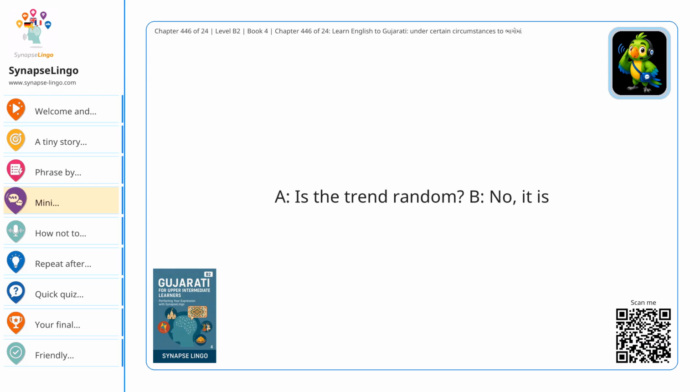B: No, it is વલણ રૂપે moving upward. A: Was the report completed? B: Yes, મોટા ભાગે. A: Is the project done? B: મોટે ભાગે, yes. A: Is the update complete? B: No, it is only આંશિક. A: Did the table arrive whole? B: No, it came ભાગોમાં.